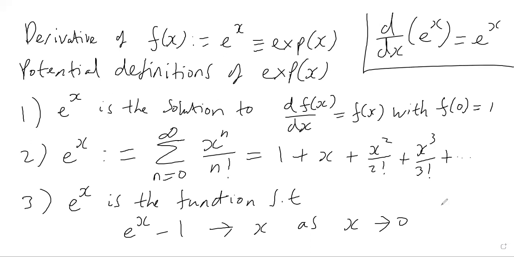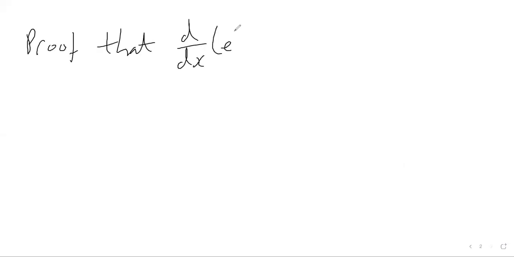Okay, so if we start with definition number 1, then the proof that d by dx of e to the x equals e to the x using definition 1.